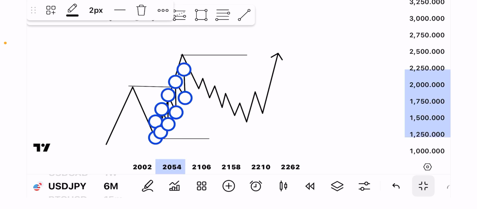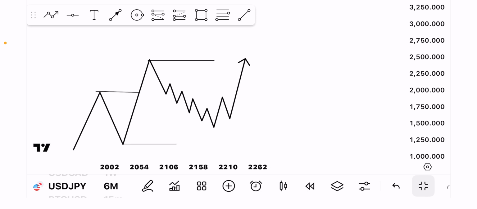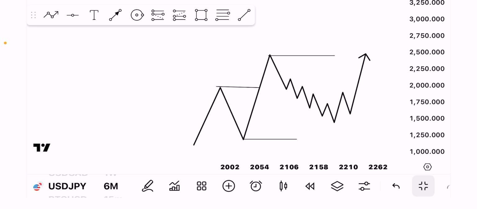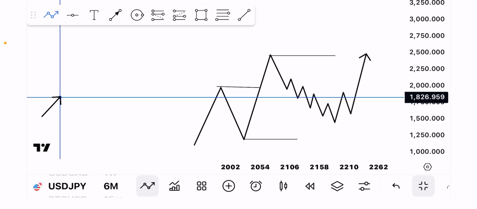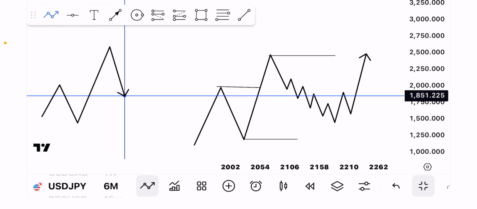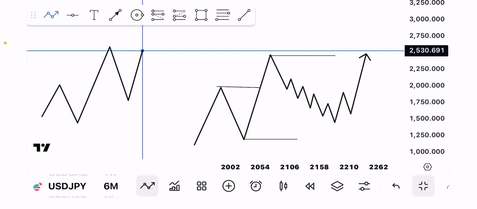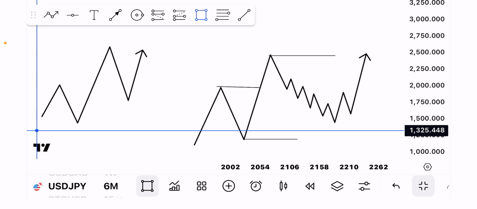So when you find your directional bias, let's say your higher time frame is bullish. This is your higher time frame right here. Let's use this as your higher time frame, and let us map this out.